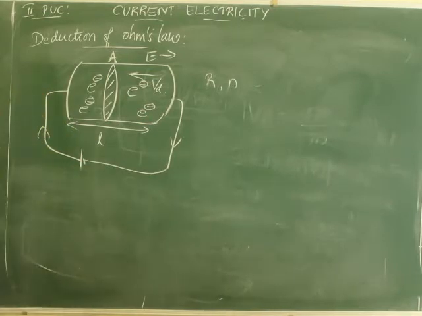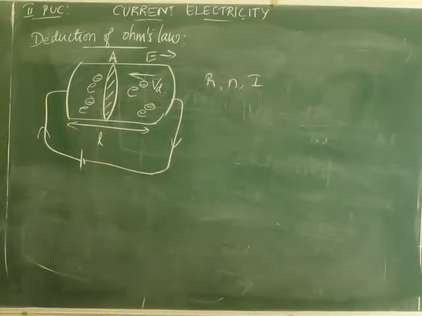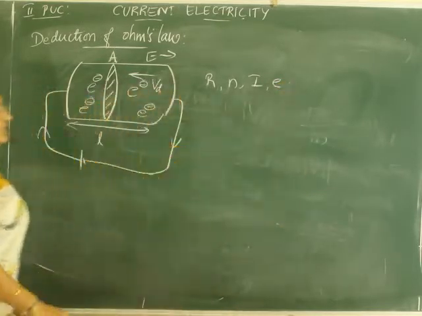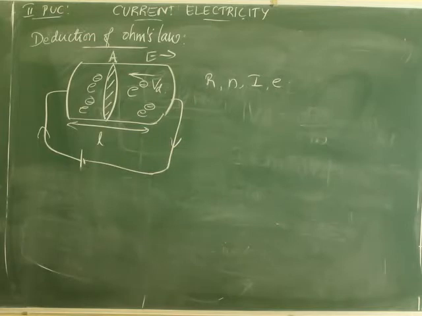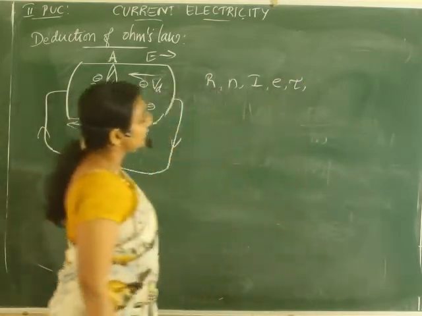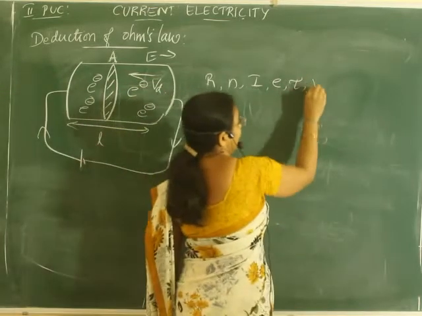I be the current. e is the charge of the electron. Tau is the relaxation time. V be the potential difference.